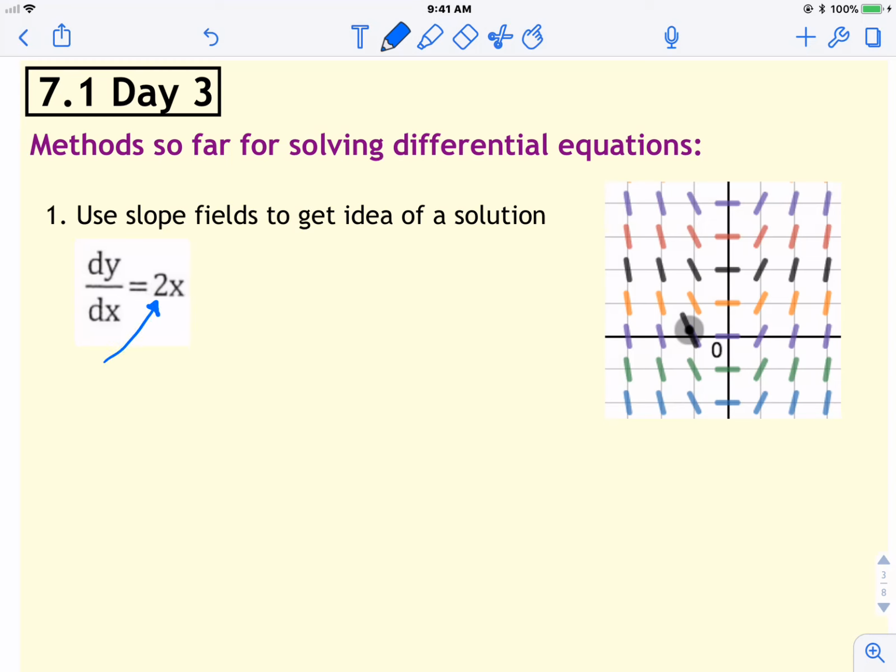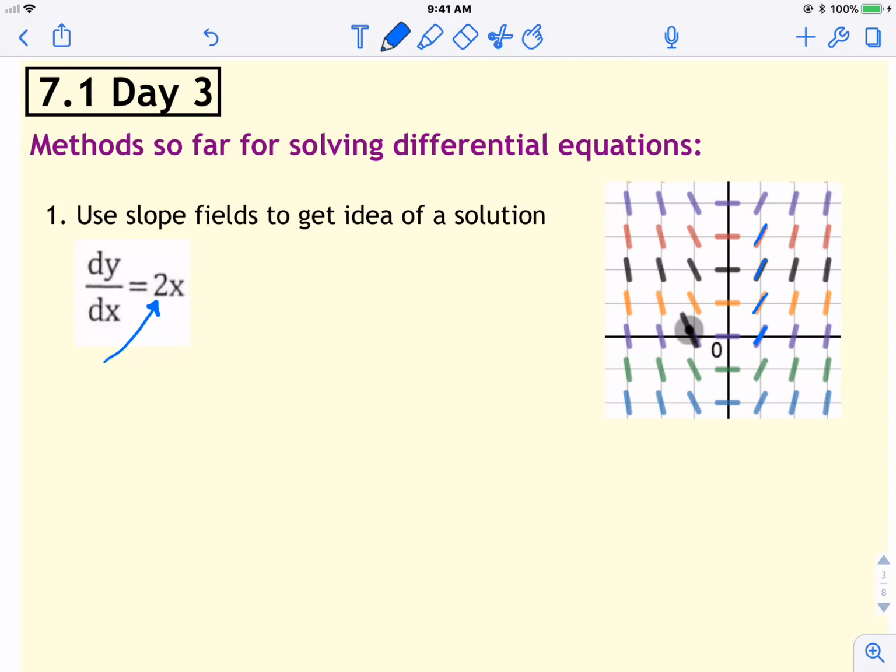So when x is 1, my slope should be 2. So if I looked really close at the graph of this, the slope should be around 2 at 1. The slopes at 2 should be 4, at 3 should be 6. So this gets steeper as x gets bigger. It also has negative slopes coming towards 0 as we move from very tiny numbers, -infinity, up towards 0.